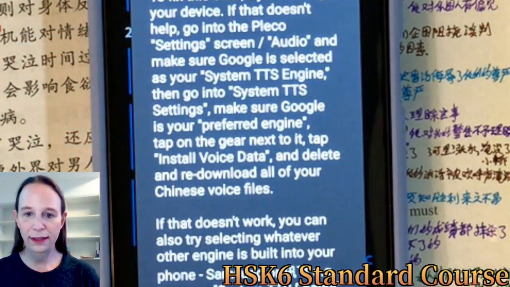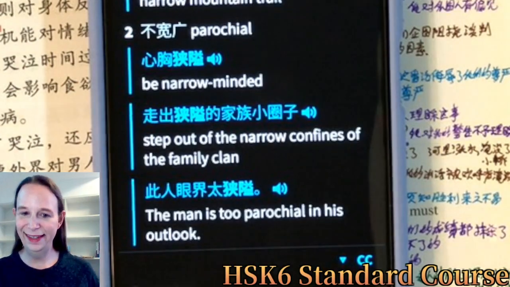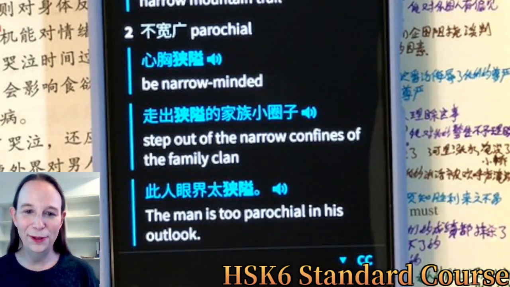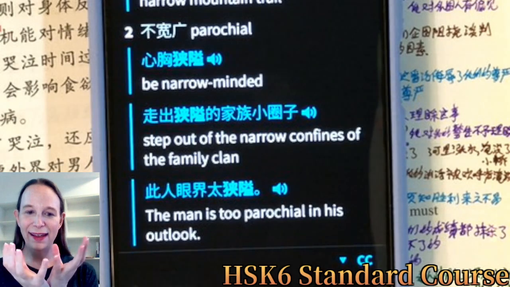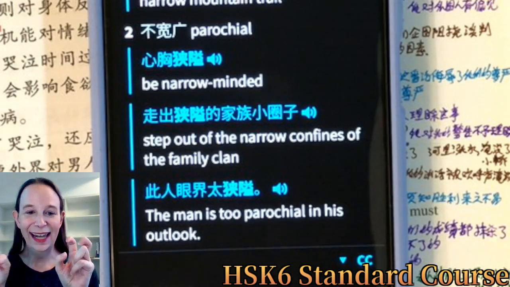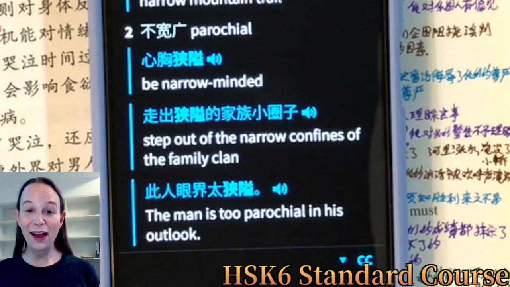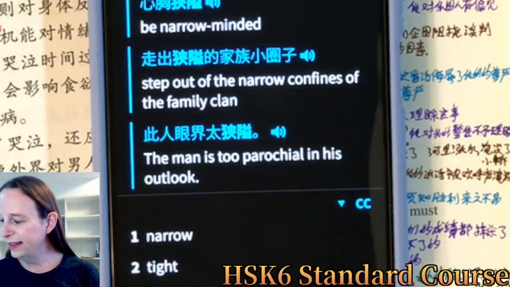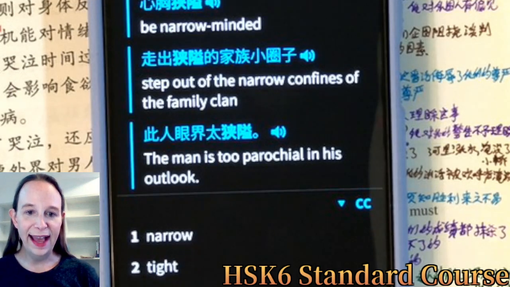小圈子. This 圈子 kind of means scope. So I guess you 走进外界, right? So maybe you grew up thinking your family was everything, or your family clan was everything, and then you discover, oh, there's an external world. 此人眼界太狭隘.